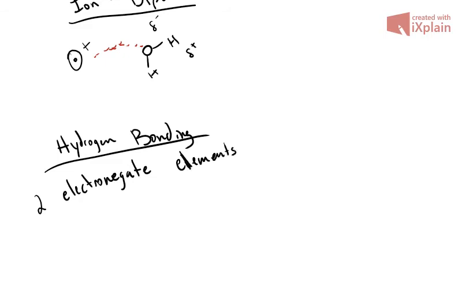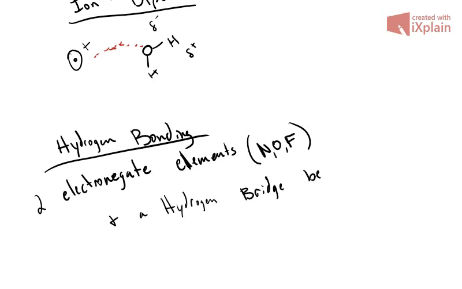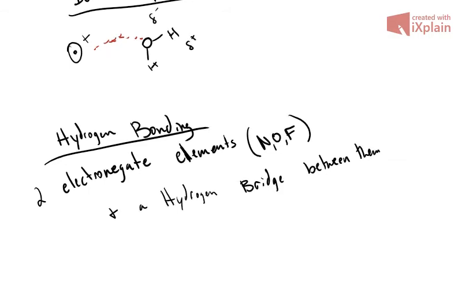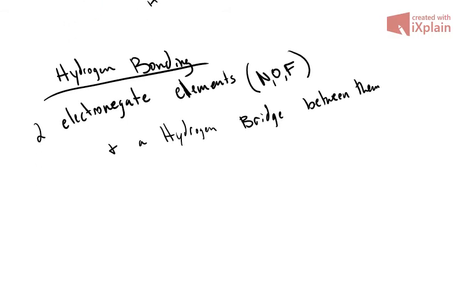This includes N, O, and F: nitrogen, oxygen, and fluorine, and a hydrogen bridge between them. So two electronegative elements, N, O, and F. It can be any one of those, but it has to be N, O, or F.